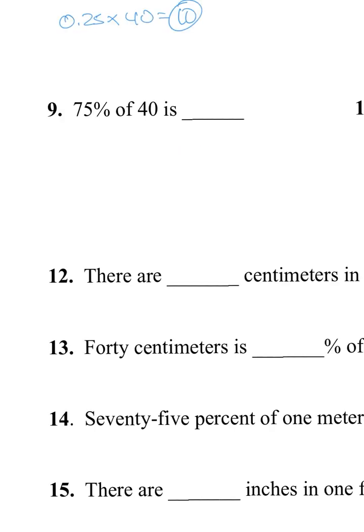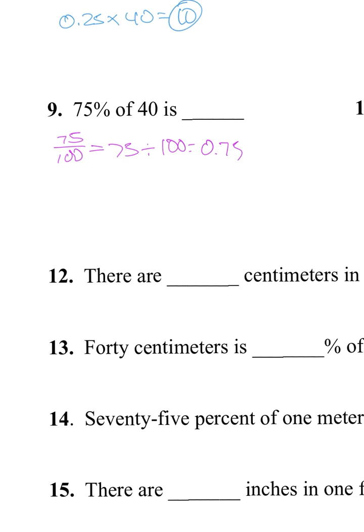On number 9, we've got 75% of 40 is blank. So here we go. Same thing, 75 over 100 is 75 divided by 100. On our calculators, 75 divided by 100 is 0.75.